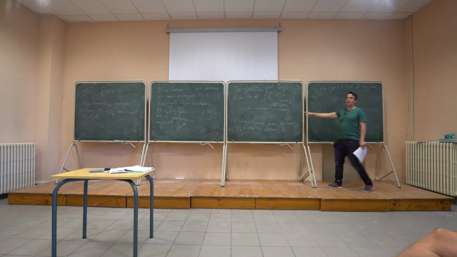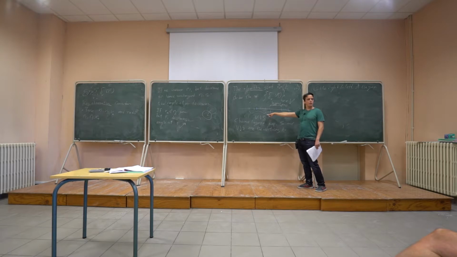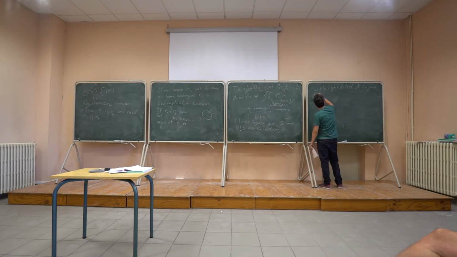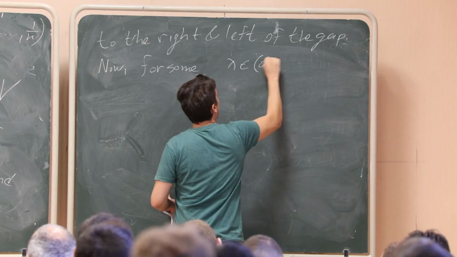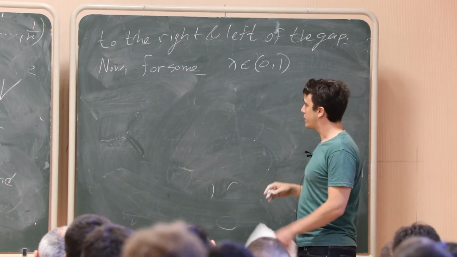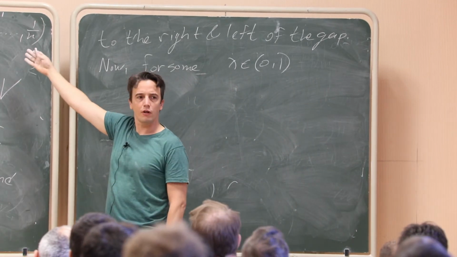In particular, the minimum of the defects over all the vertices here is strictly bigger than the maximum of the defects over all the vertices here. So now what is my algorithm? It is the following. For some lambda between 0 and 1, and I will tell you what this lambda has to satisfy, I need to create a new vector of radii.